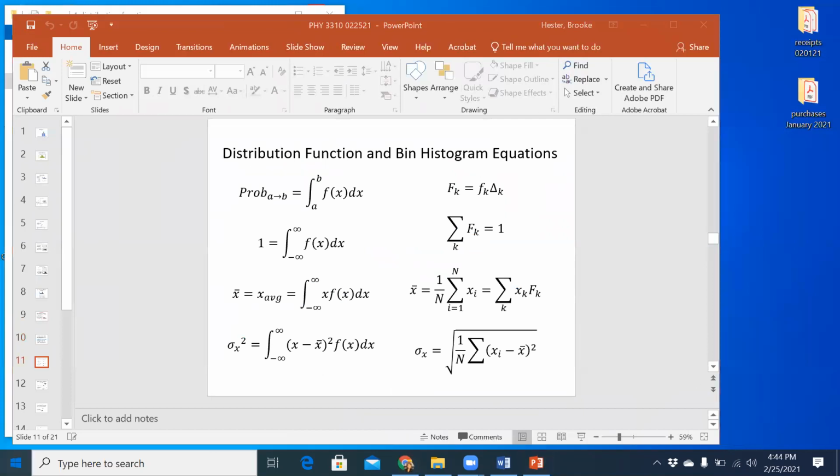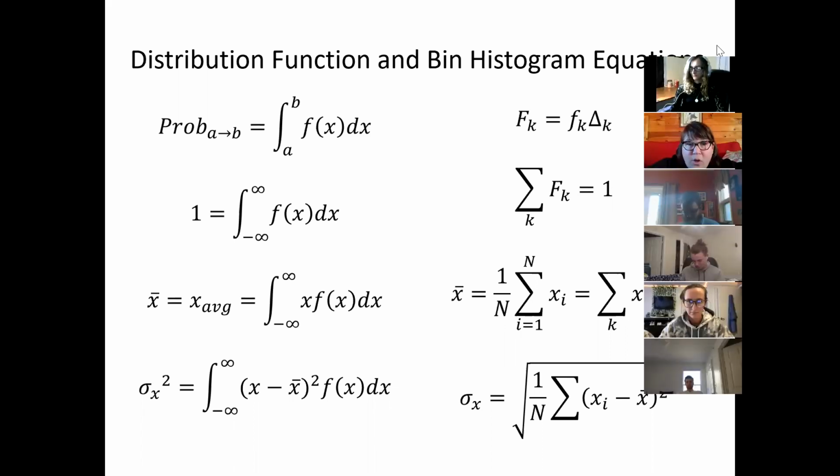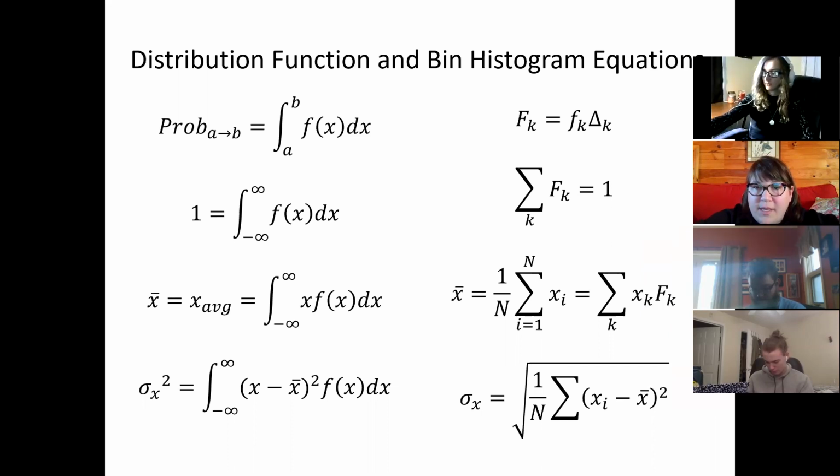Now, once we have enough bins for a histogram, we can extrapolate or think of it as a continuous thing. And when we do that, we call that a distribution function. So on this slide, we have the bin histogram equations we already learned from last time and from reviewing today.